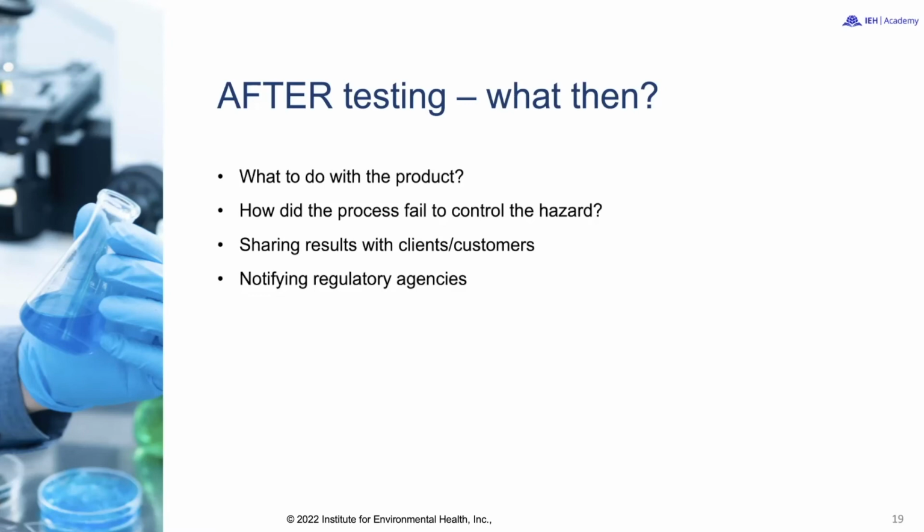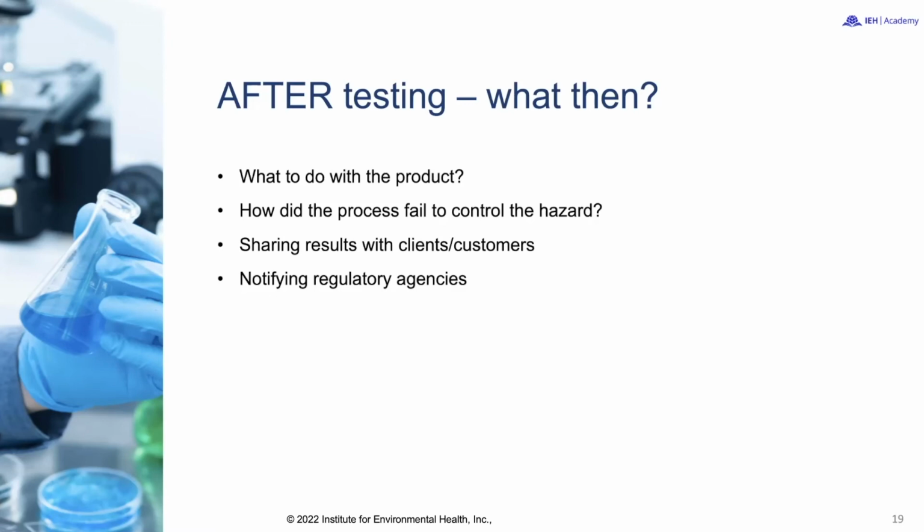Another thing that you need to do, if you have a product positive on a finished product test, is think seriously about why my process, which was instituted to control this hazard, apparently failed. If we had an aggressive and successful control program in place, then we would not expect to see pathogens in finished product.